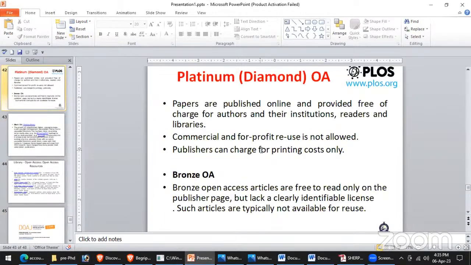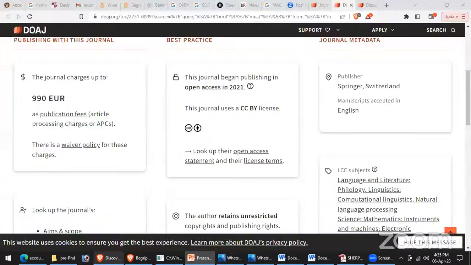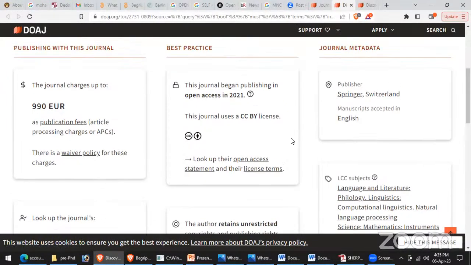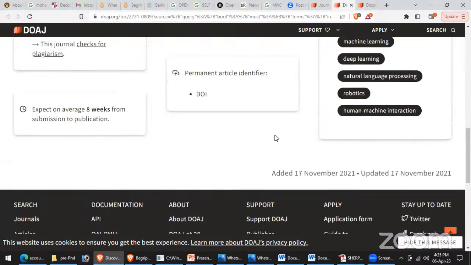Just now I had said to you, these icons are very important. CC means what? Public grant reusability. So here it is having public grant reusability, one thing. And it is an open access, then only CC will come. Getting or not, everyone? This is the one way of accessing your DOAJ.